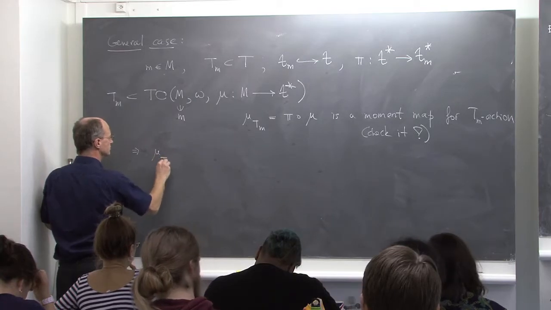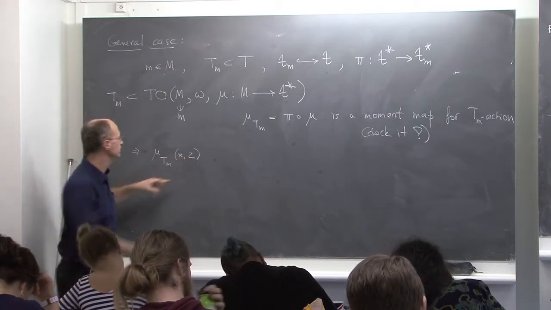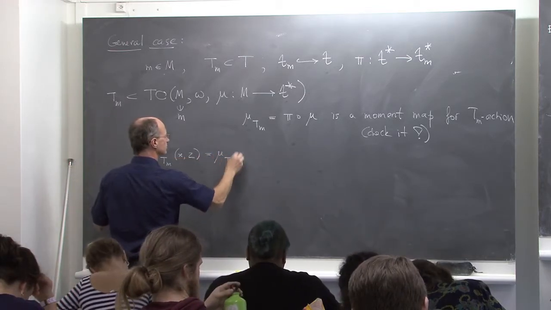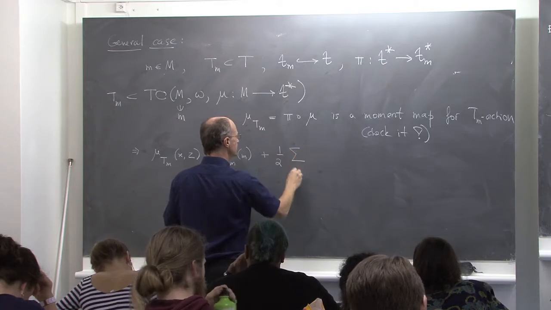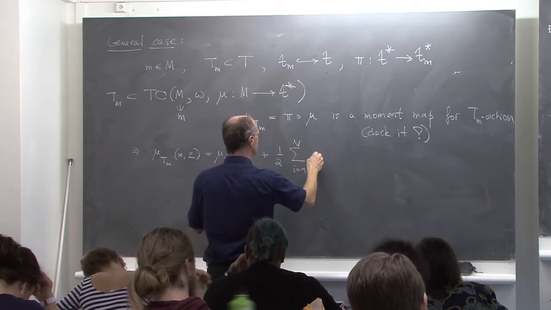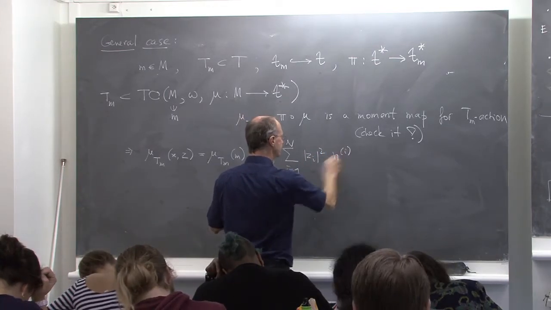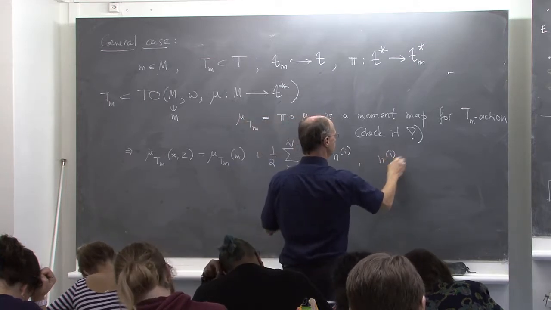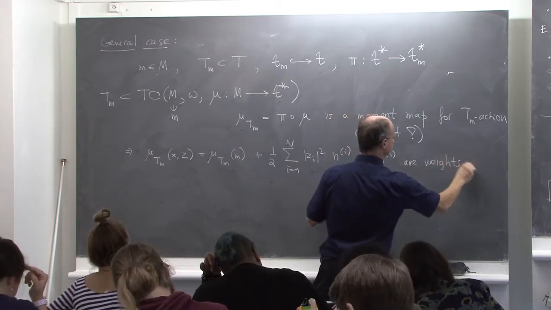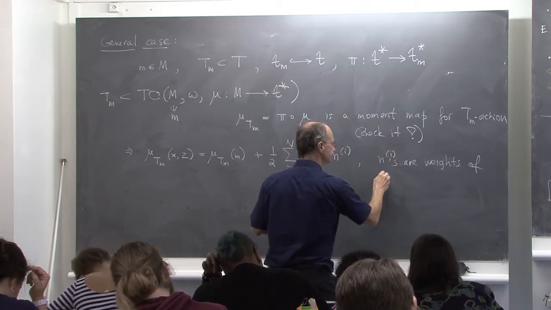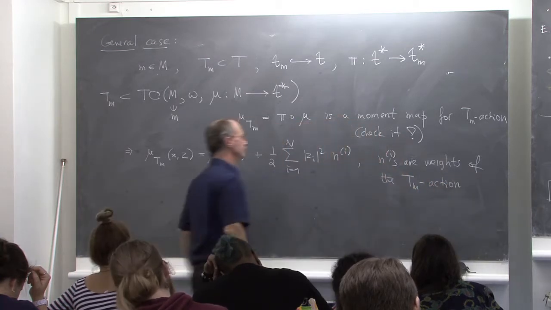So mu Tm in terms of coordinates x and z will be mu Tm of m plus some 1/2, sum from 1 to n, of zi squared times ni's, where ni's are weights of the Tm action.